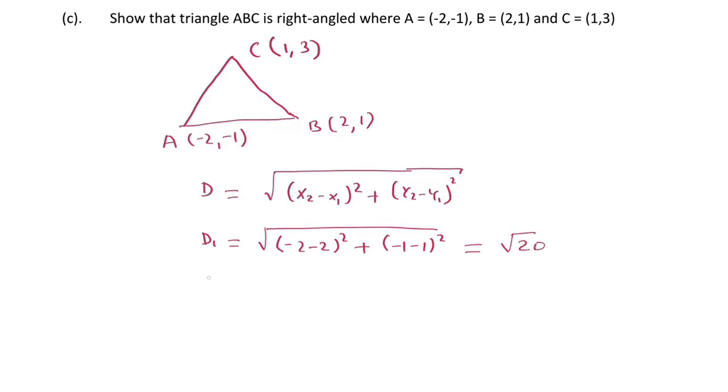Next we are going to take points A and C, and call this distance 2. So distance 2 equals under root in brackets -2 minus 1 squared plus in brackets -1 minus 3 squared, of which after solving the values we have under root 25.